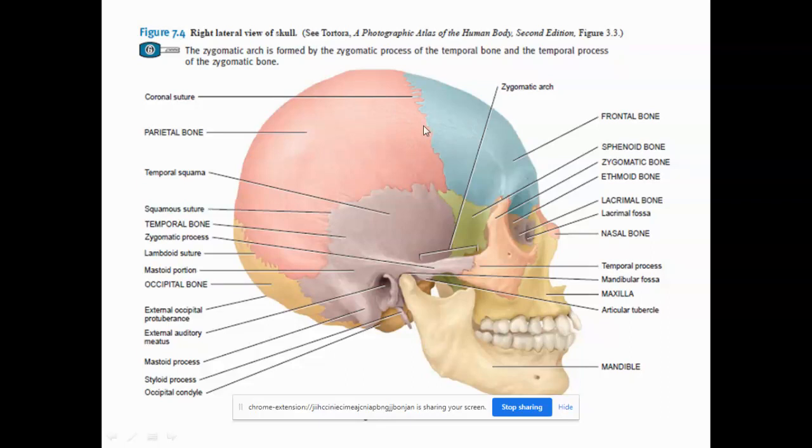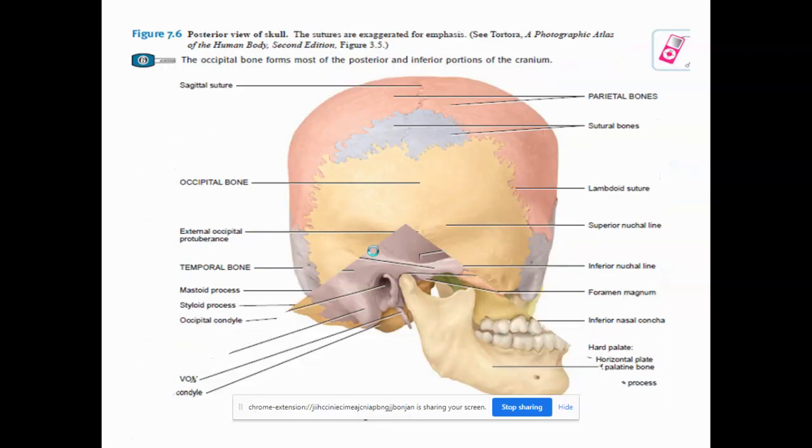Now this coronal suture will join the parietal bone and the zygomatic bone. Similarly, you have other sutures also. Here you can see the temporal squama, and this is the squamous suture. The squamous suture will join the parietal bone and the temporal bone. Likewise, you have many sutures which join the skull bones together.